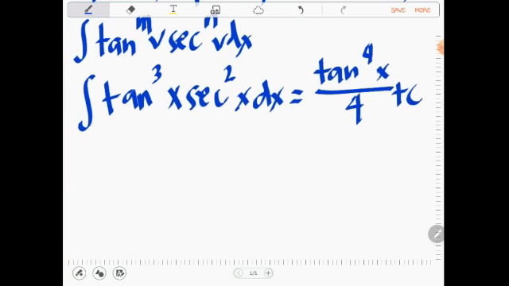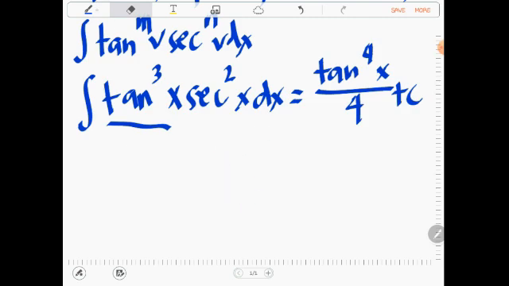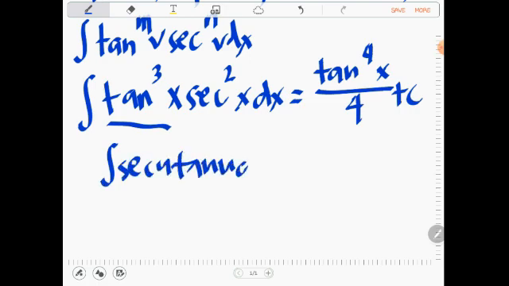Bakit? Kasi nga, yun yung ating u, where u is equals to tan of x, diba? So, alam natin yung u raised to n plus 1 all over n plus 1, diba? So, ito yung ginamit natin dito. After that, bakit nawala yung secant squared? Kasi nga, yung kanina sinabi natin, na kapag meron tayong integral of secant u tan u du, that is equals to secant of u plus c.